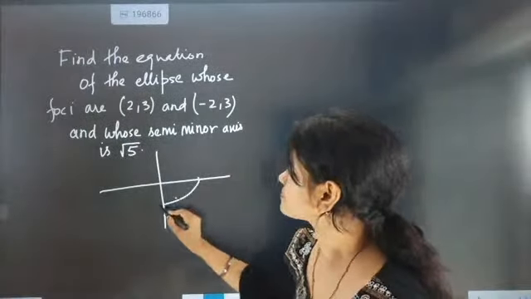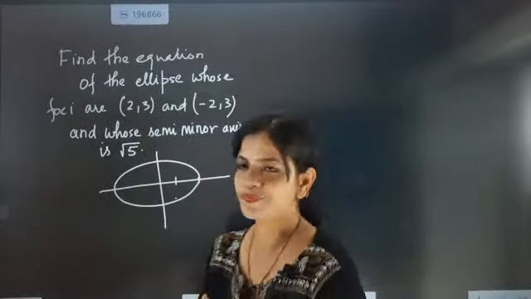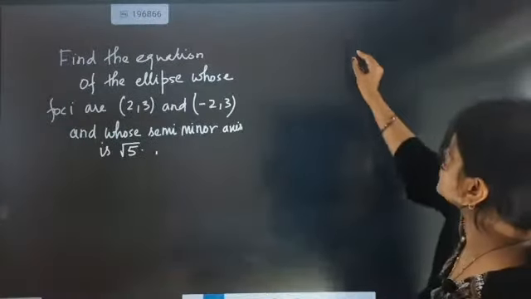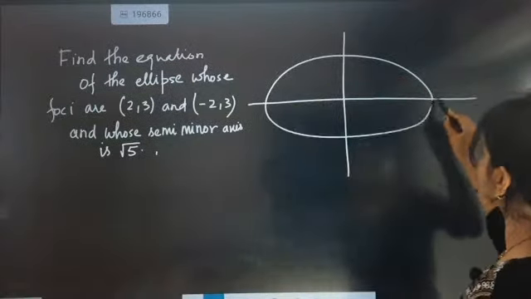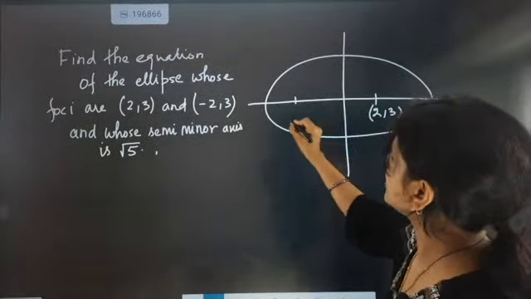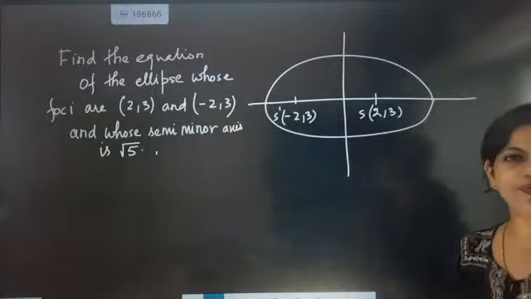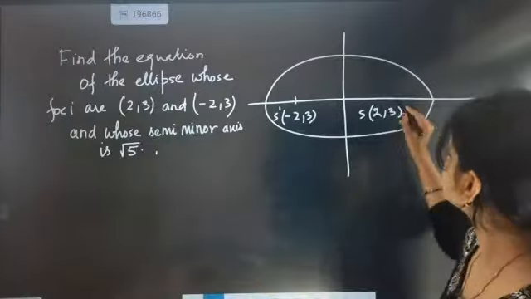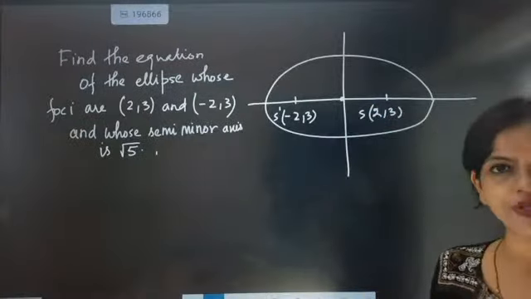So first we have to get the center point. The center point will become the midpoint. Here the foci given are 2, 3 and minus 2, 3. The center point between the foci will be the midpoint.